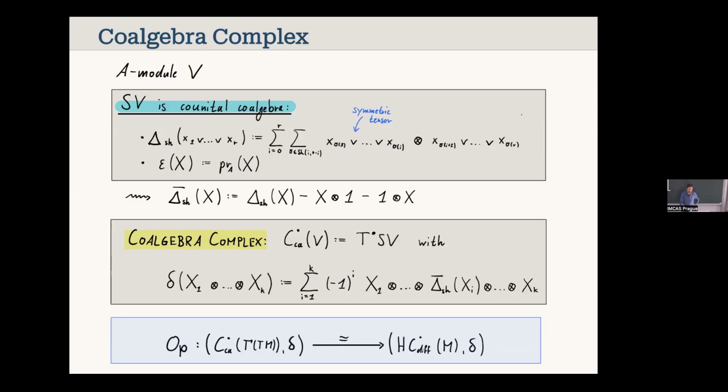So instead of computing the Hochschild cohomology with this Hochschild differential, we're just interested in this coalgebraic cohomology with respect to this easy differential, which is just a reduced shuffle coproduct extended to the tensor algebra. So in this sense, we hide all our geometry in this isomorphism and are only interested in computing this coalgebra cohomology and getting homotopies for that.